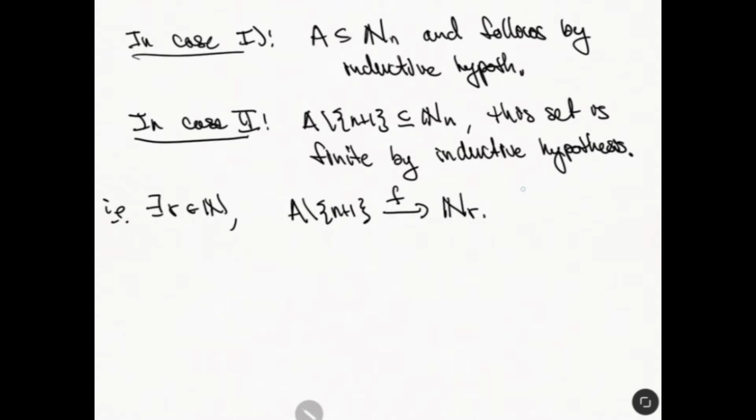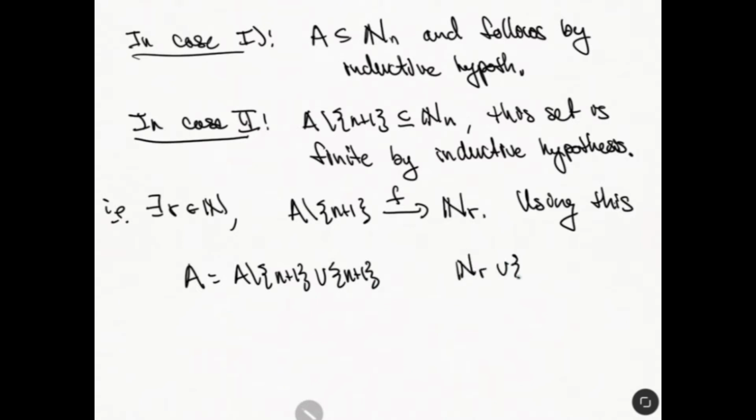Then we use the lemma that we had before. This is A minus {n+1} union {n+1}, and this is N_r union {r+1}.